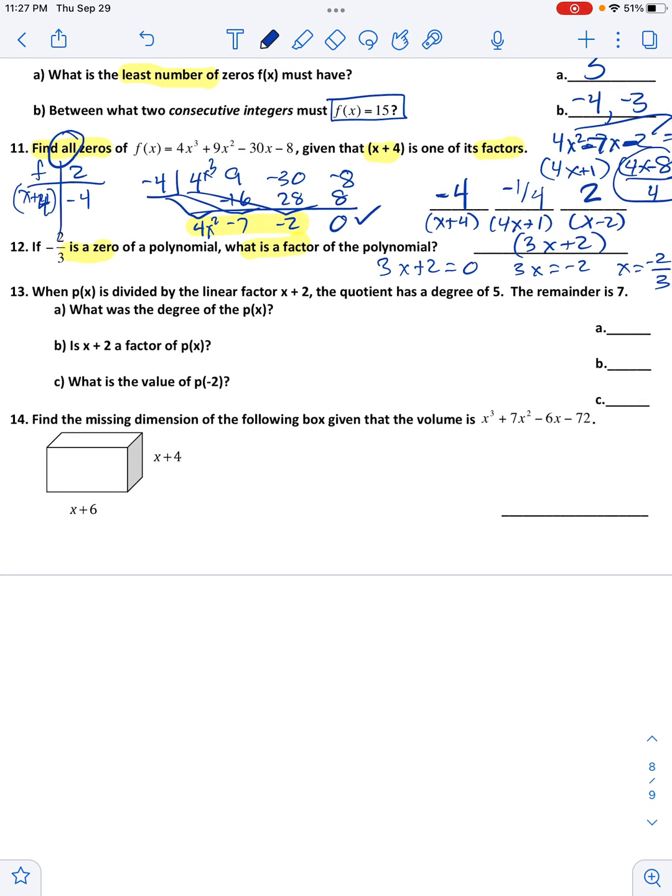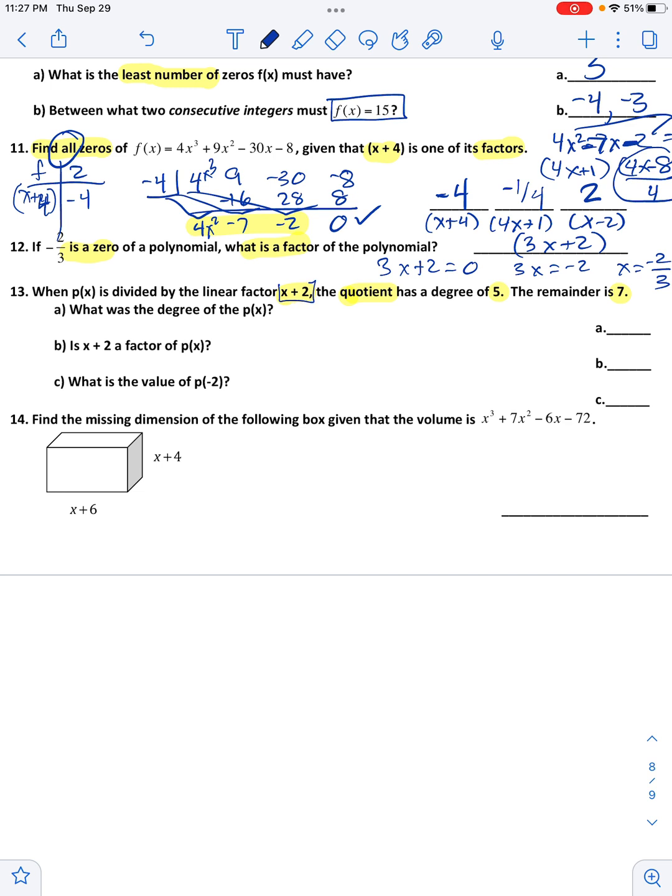The last two are kind of big brain applications of things that you learned. When p of x is divided by a linear factor, x plus 2, the quotient, meaning the answer, has a degree of 5. The remainder is 7. So these are conceptual questions. Okay, the quotient is your answer. You divided by x plus 2.